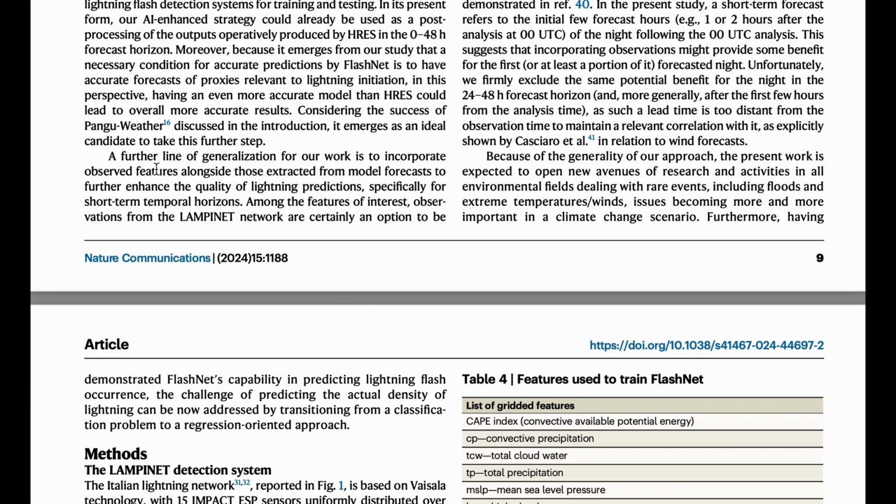For instance, here they said a further line of generalization for their work is to incorporate observed features alongside those extracted from model forecasts to further enhance the quality of lightning predictions, specifically for short-term temporal horizons. So they want to add more features the next time they use this technique, to enhance the quality of their prediction.